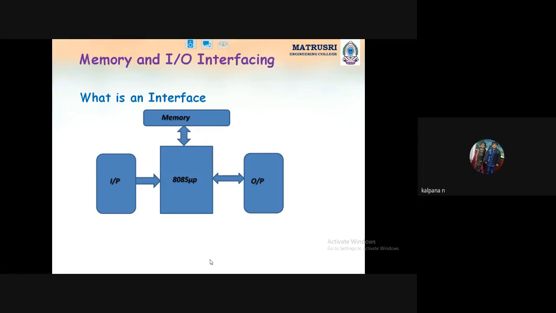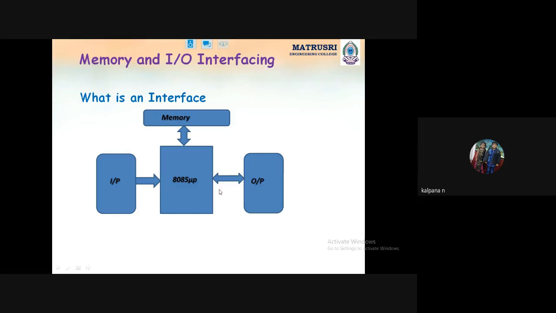Now this is a complete system, right? In this picture, by using these arrows, we are connecting input, output devices and memory also.